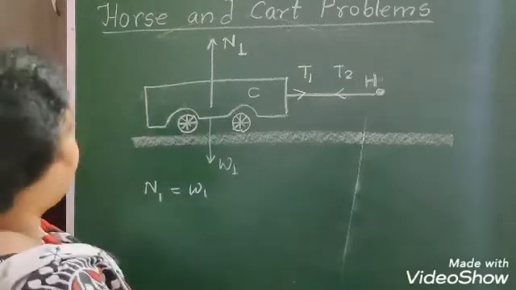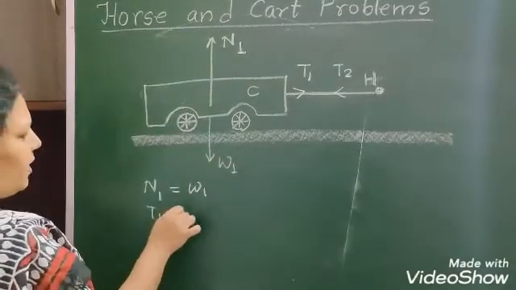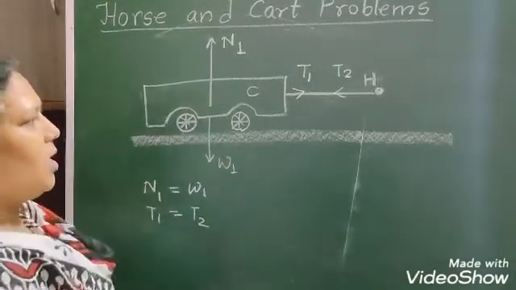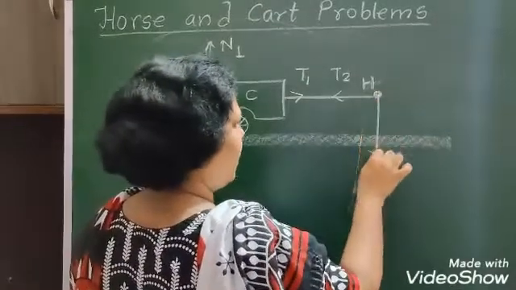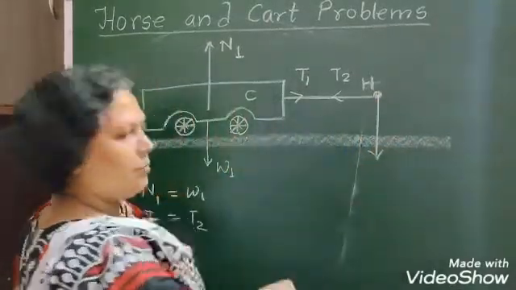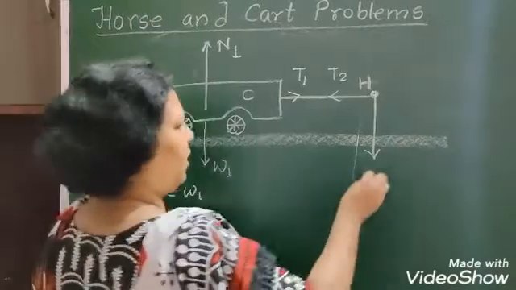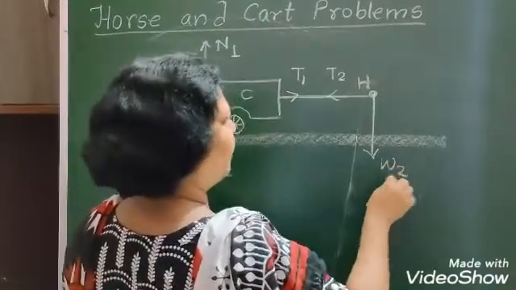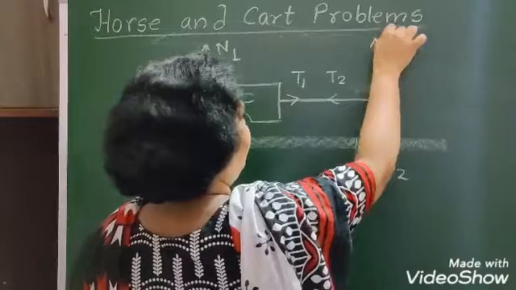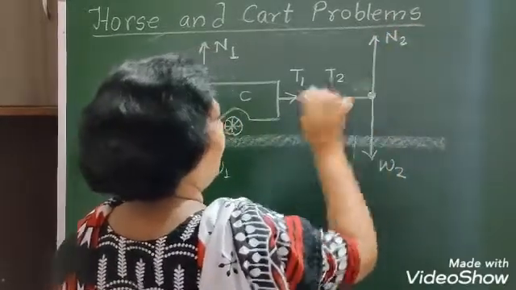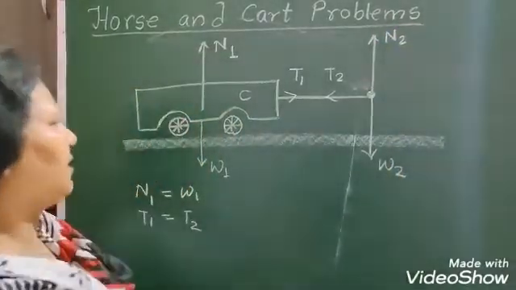Now this T1 is balanced by T2. You will see that the weight of the horse is again in the perpendicular downward direction, that is W2. A normal reaction is there, that is equal to N2 here.